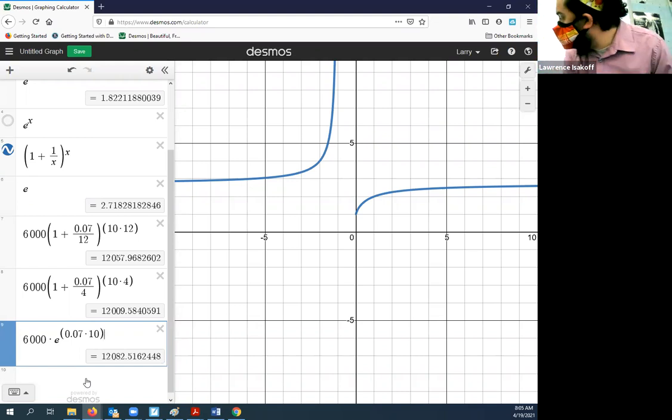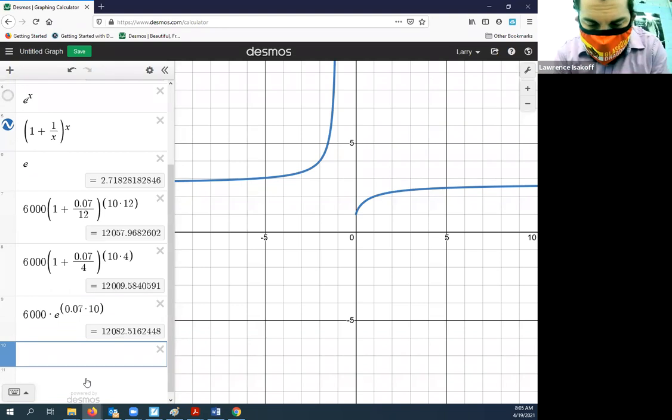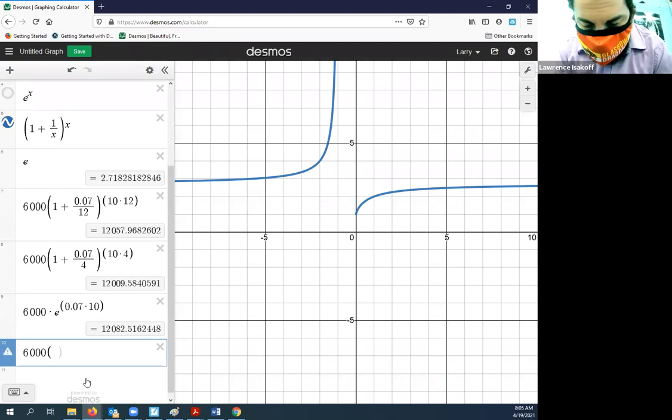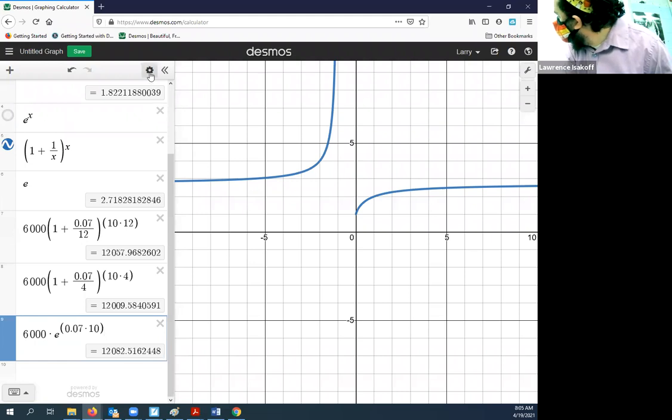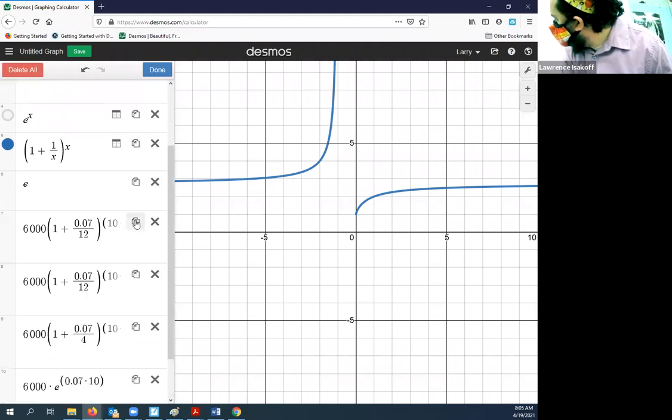Let's look at a few functions together. I'm just going to use x for time. Actually, I can do it this way. Copy that, and copy that.